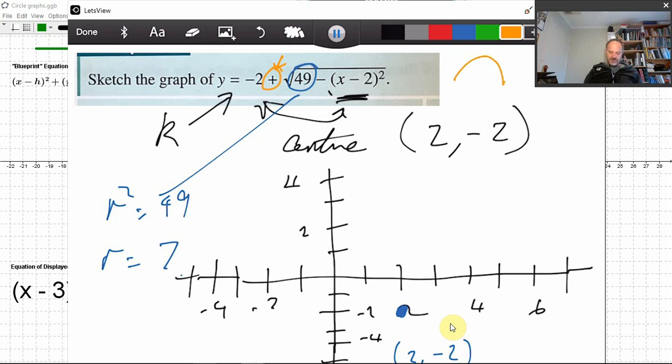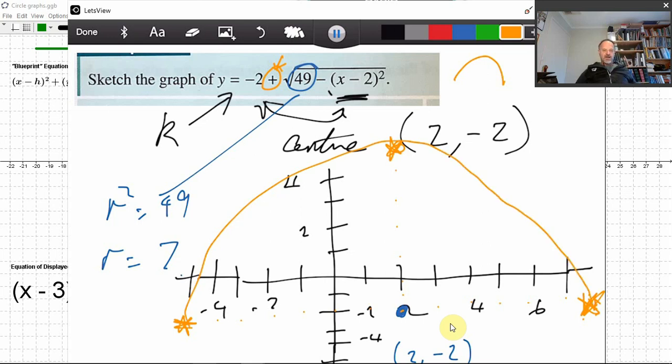So from this 2, I can go left 1, 2, 3, 4, 5, 6, 7 over to here. 1, 2, 3, 4, 5, 6, 7 over to here. 1, 2, 3, 4, 5, 6, 7 up to there. And then here's our very pretty semicircle that we've got going on there.